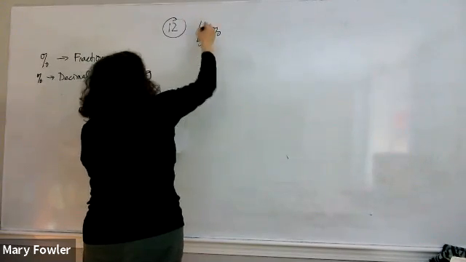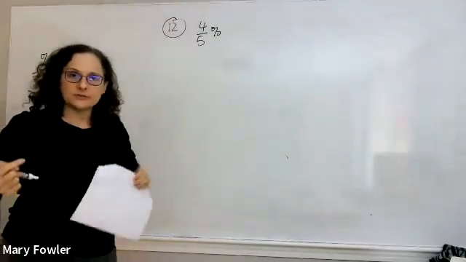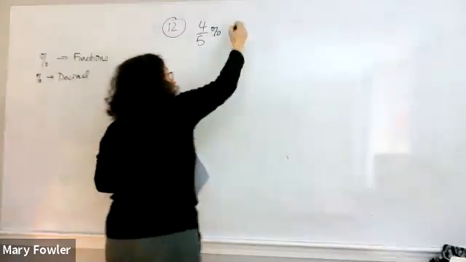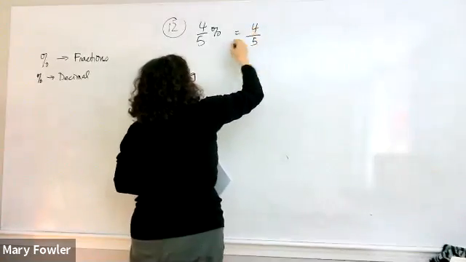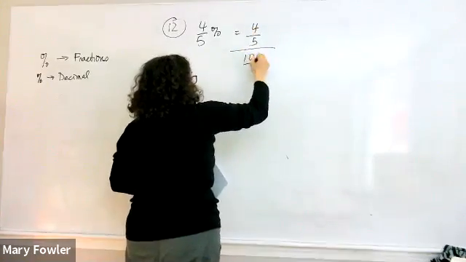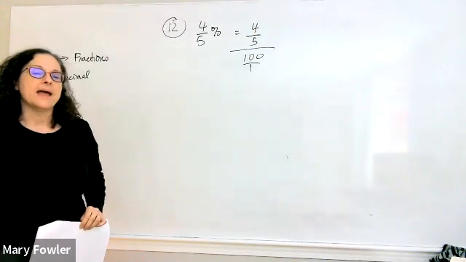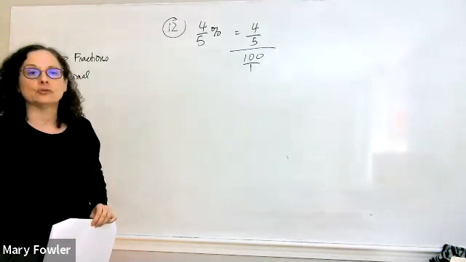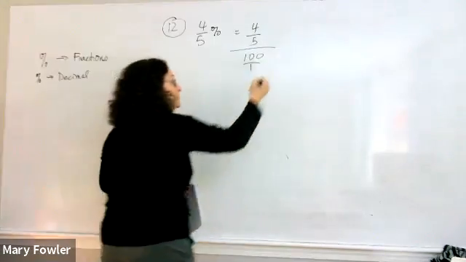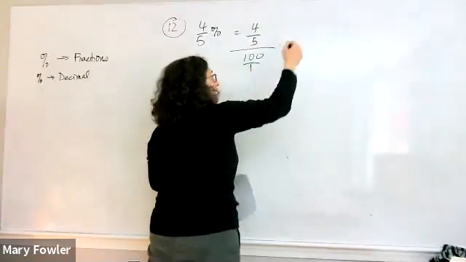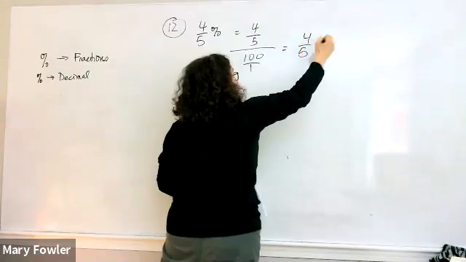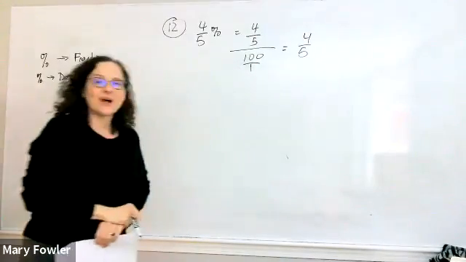So we're going to have to use the definition of percent, which means divide by 100. We already know it's a fraction, so we'll jump in with that fraction form. And then we're going to have to do the long division or the division problem. But first, let's go ahead and simplify the best we can, dividing by 100.